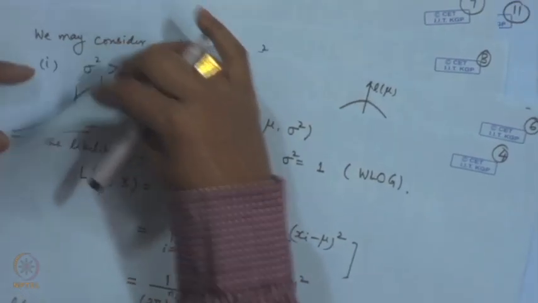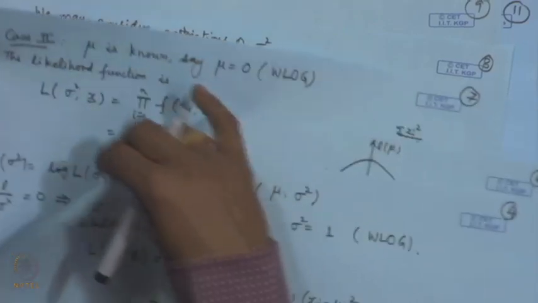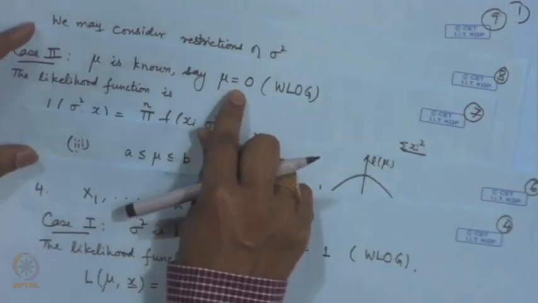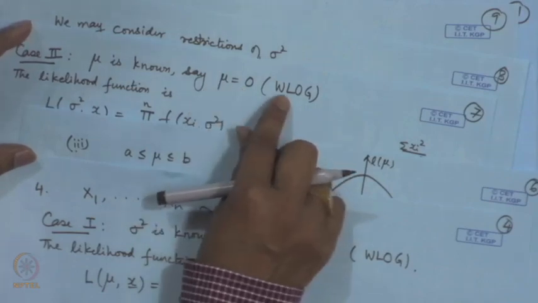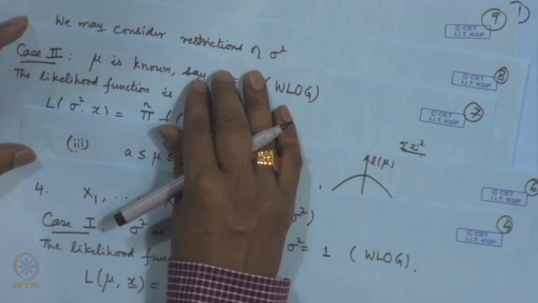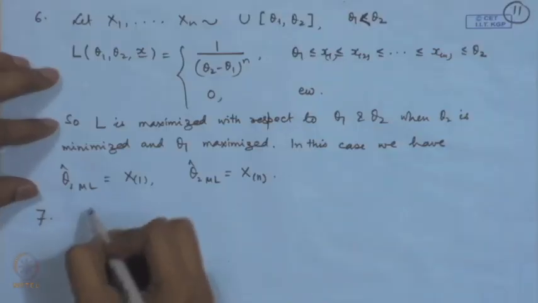Similarly, if mu is known, then once again the parameter has been reduced to sigma square alone. However, in general both the parameters in a normal distribution may be unknown, and in that case let us look at the solution. So, let me discuss in detail.